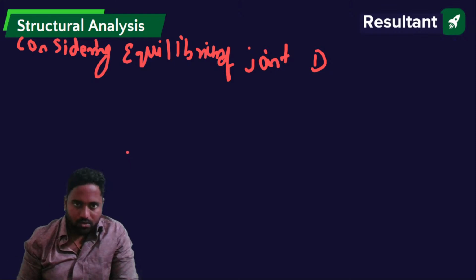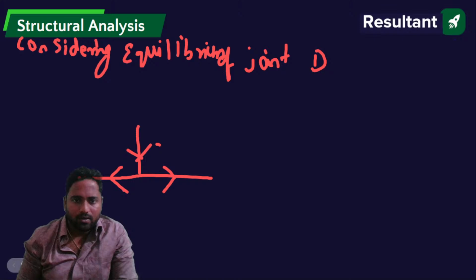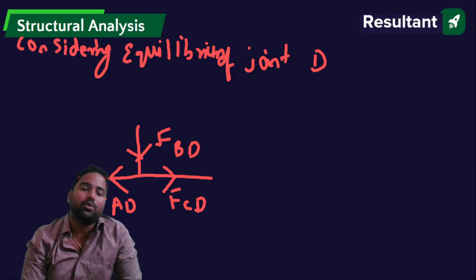Considering equilibrium of joint D, how many members are meeting over there? 1, 2, 3. Let us say we don't know the reaction direction, so we'll assume some direction. So this is FAD and this is FCD and this is FBD. Three members are meeting over here.